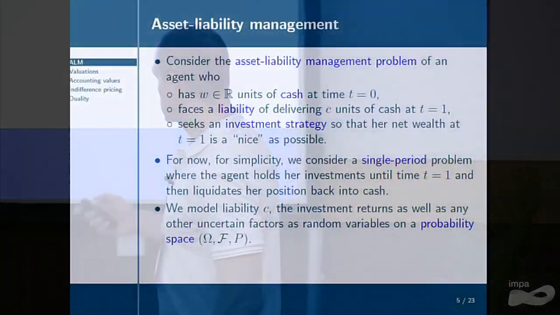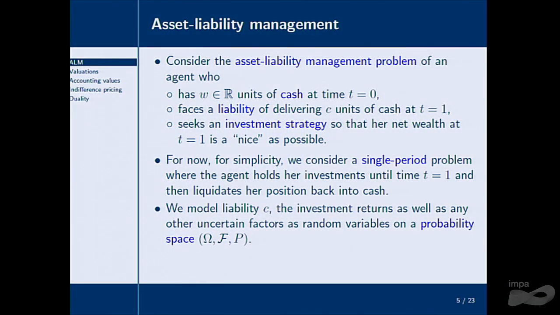So the notation, assume that the agent has W units of cash at time 0. That's when he first trades. He faces a liability payable at time t equals 1. The liability is denoted by C, so that's the number of units of cash the agent has to deliver.